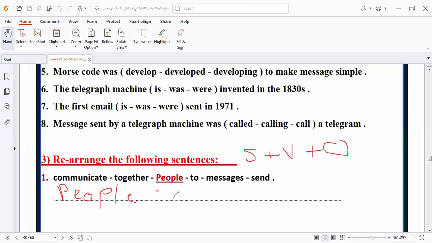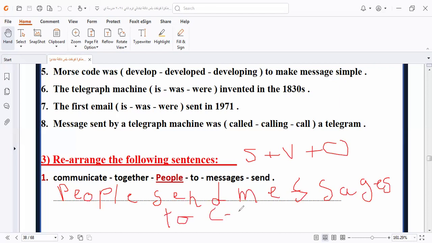People send messages to communicate together.